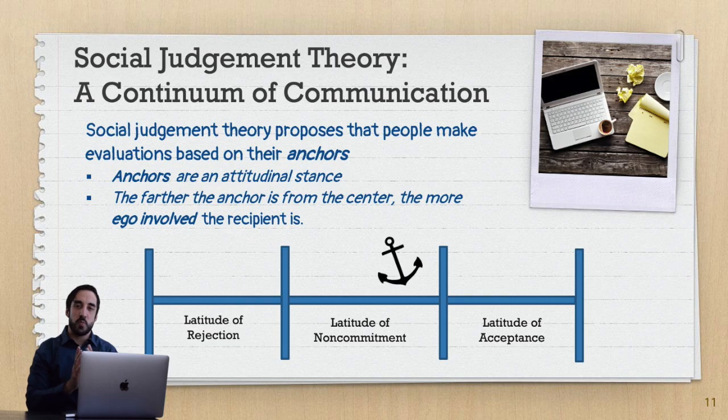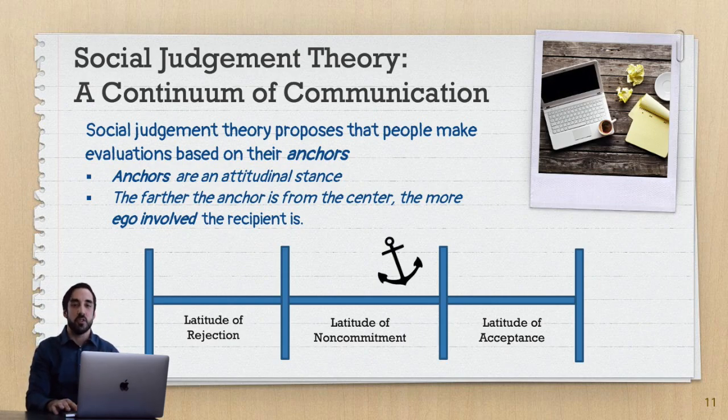So as social judgment theory positions this idea of a continuum, it suggests that people locate themselves along various different anchor points of belief. You already heard my anchor that I'm left-handed, and so perhaps that makes it less likely to move me along that continuum towards accepting switching hands to be right-handed dominant.